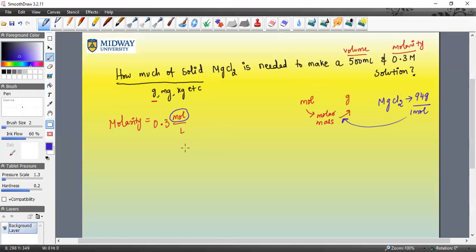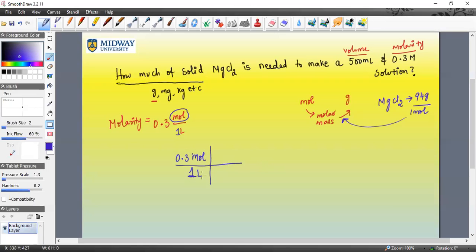The only way we can get that is, as I said, I'm going to treat this information as my given information. So it's 0.3 moles over, well, we normally write 1, but here it's 1 liter essentially, so just write 1 liter. That's my given information.